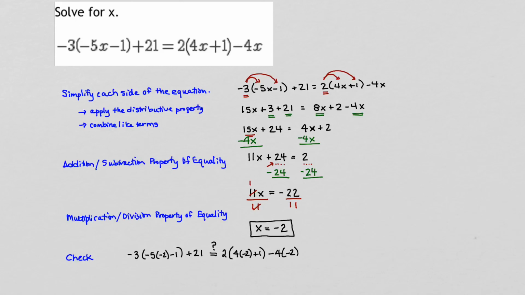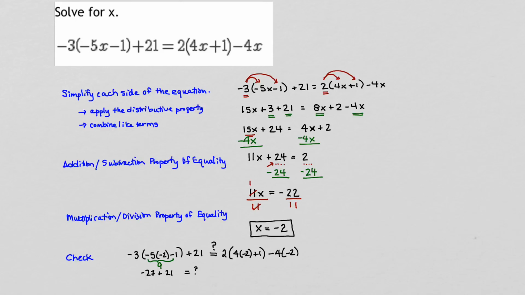Well, let's just do a little bit of quick math here. Inside, I have negative 5 times negative 2, which is 10, minus 1, which is 9. And negative 3 times 9 is actually negative 27 plus 21.